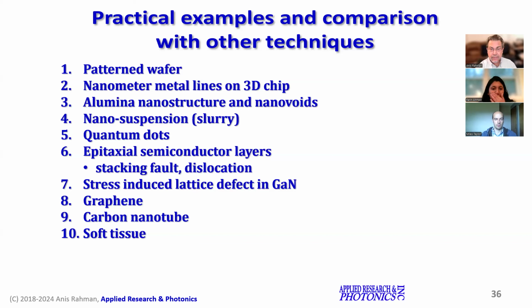So today we are going to continue from what we did last time, and more importantly, the examples of imaging is the main thing we're going to do, the practical examples and comparison with other techniques.